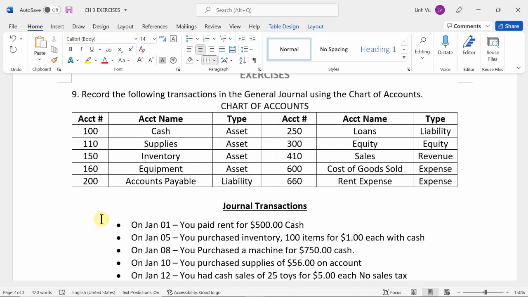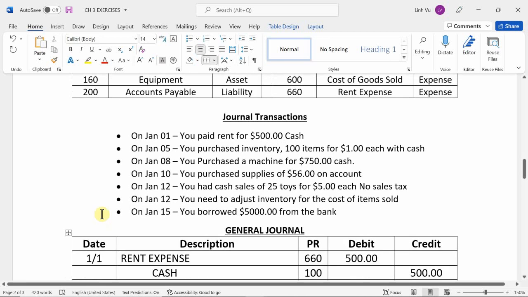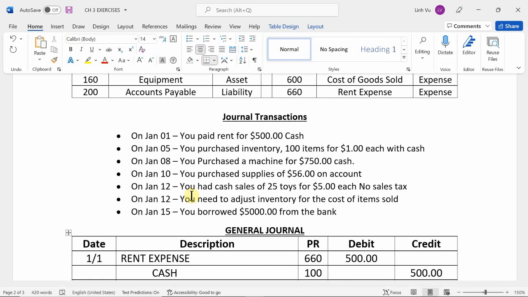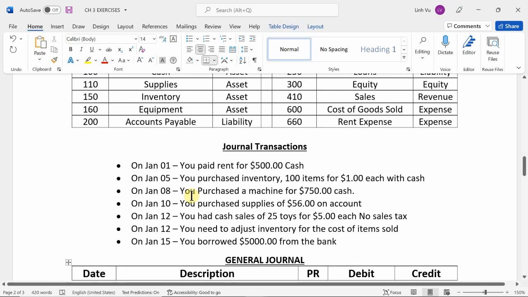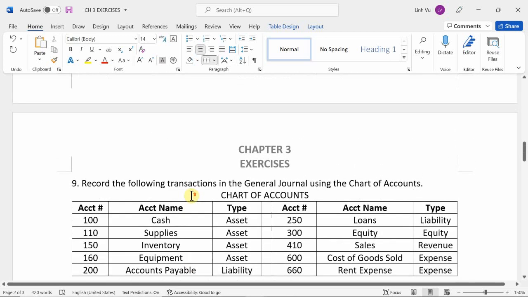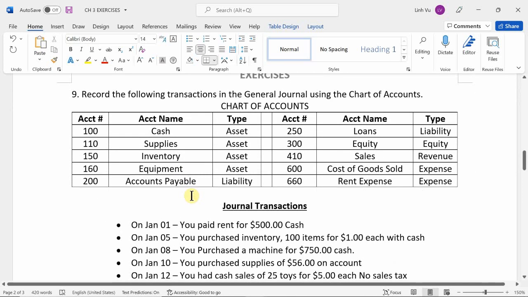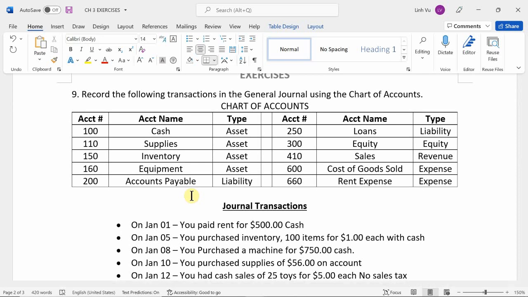So in this case, we're adjusting our inventory, right? Because we need to know how much it cost me to sell my inventory. Okay? Cost of goods sold. Because in this case, how much did it cost me to get rid of my inventory? That's the question. That's why you have to calculate the cost of goods sold.